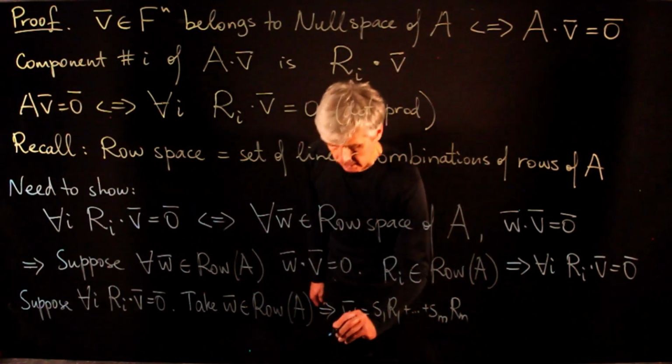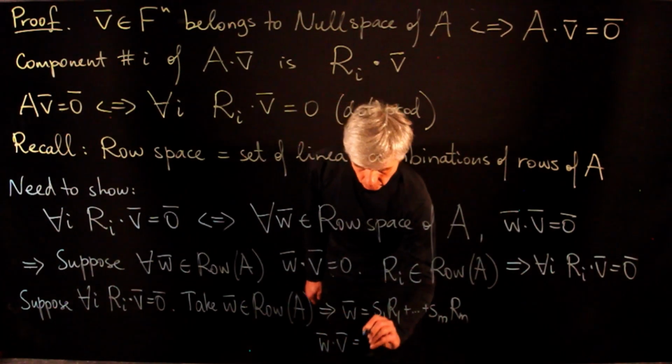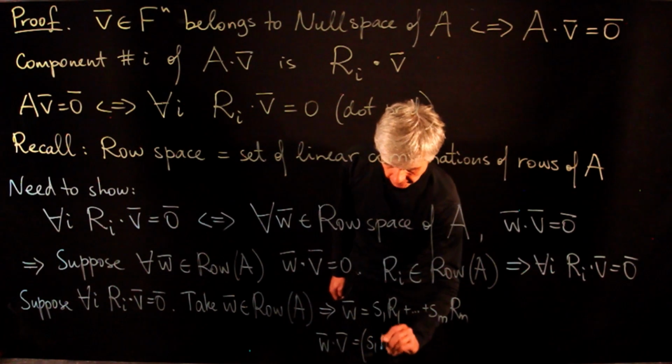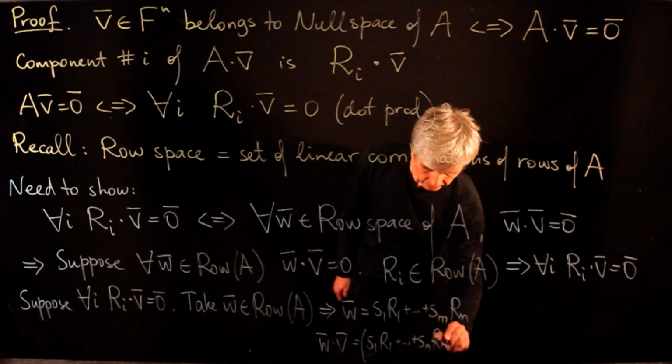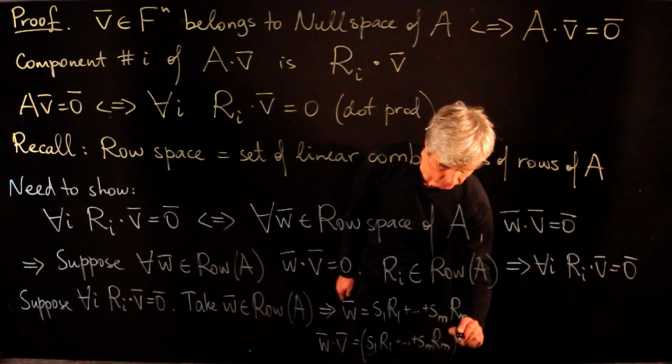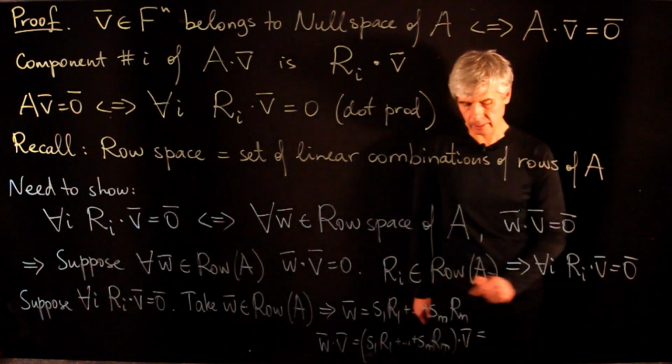And then what is the dot product of W with v? This is the dot product of s1 R1 plus ... plus sm Rm with v. But we know that the dot product is bilinear.